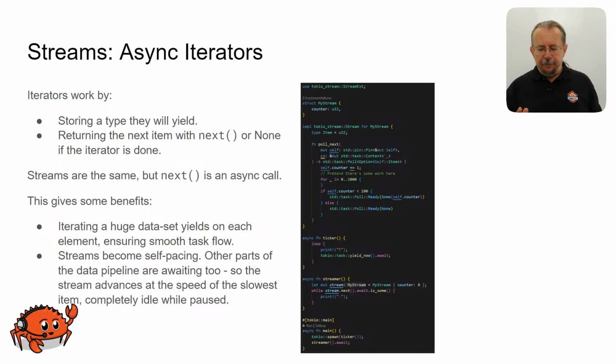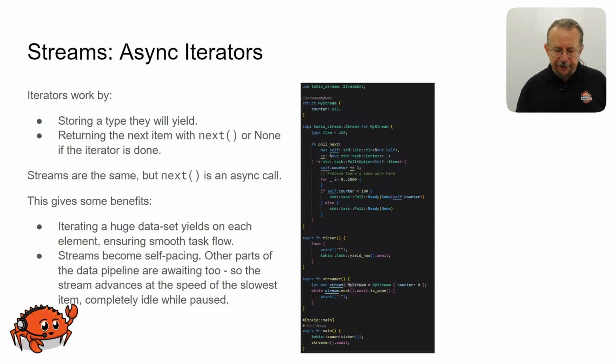And spawning a whole thread for block_on is a little heavyweight just for that, or even calling into a handle. Iterators work by storing a type that they will yield and returning the next item with Some or None. Well, a stream is the same thing, and Tokio stream provides a very nice implementation that you can build on.